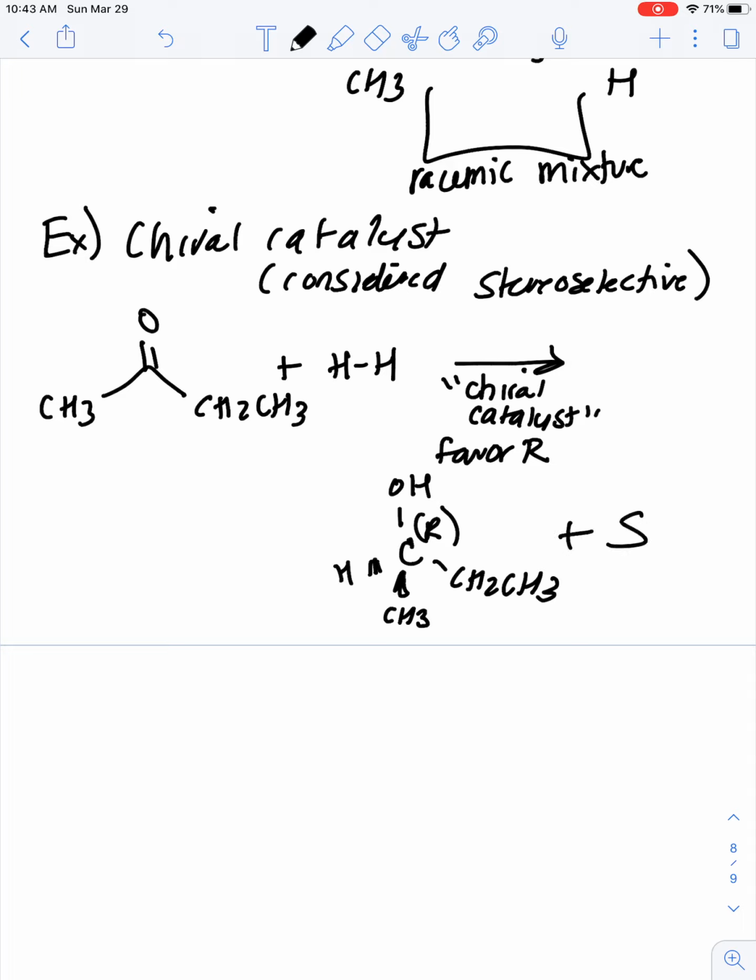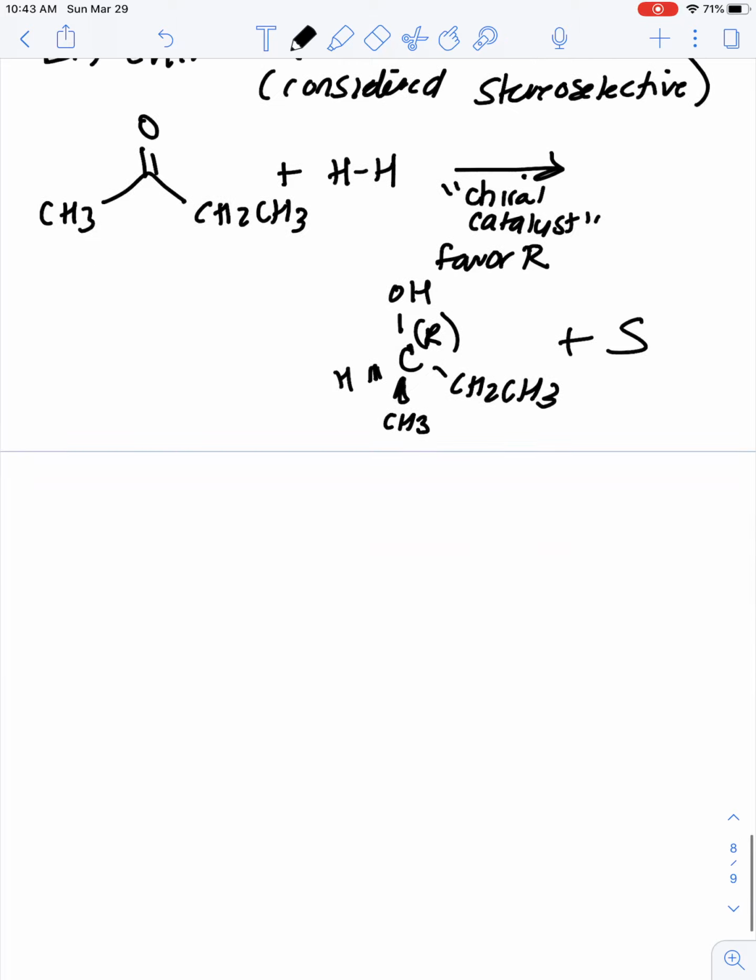So the S configuration may be present, but it would be either a very minor product or it would not be produced at all. So the chiral catalyst can favor either the R or S configuration depending on which catalyst you choose to use. But again, this is a way to obtain a stereoselective product, which again means one of the enantiomers in excess.